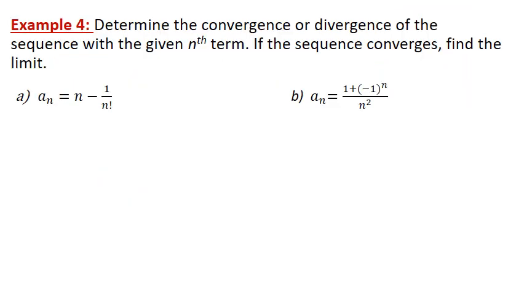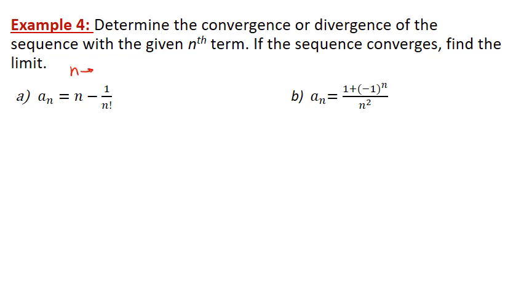Okay, so this gets to the good stuff. It says determine the convergence or divergence of a sequence with the given nth term. If the sequence converges, find the limit. Okay, so basically this sequence goes on and on and on forever.